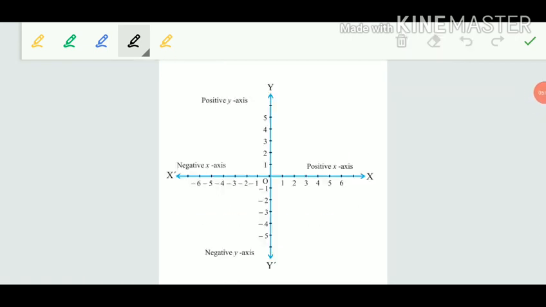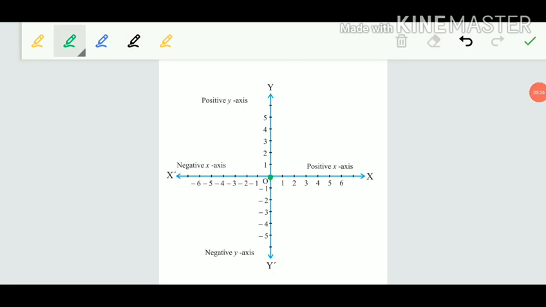This is how he combined these two number lines. Both lines cross each other at the point O, the origin of both lines.